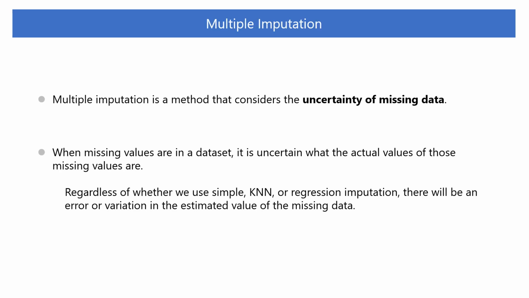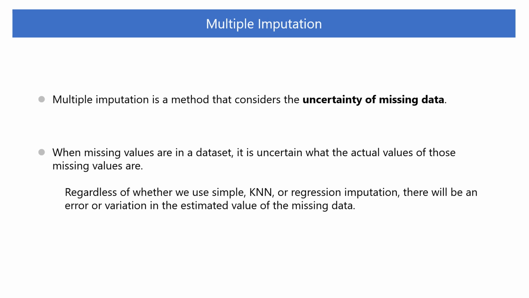Multiple imputation is an imputation method that considers the uncertainty of missing data. By uncertainty regarding missing data, I mean that when missing values are in a dataset, it is uncertain what the actual values of these missing values are. It is clear that imputation using the mean or median is merely imputation using representative values, and that the actual values are probably different.